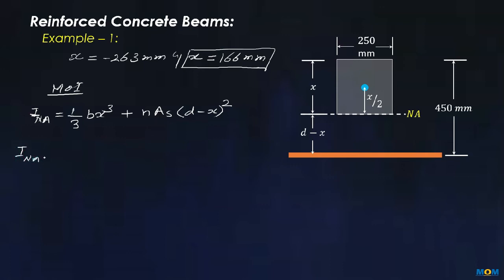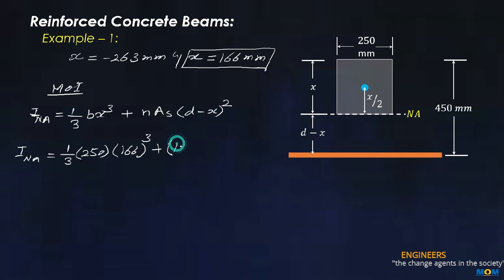Now the inertia about neutral axis is going to be 1 upon 3 value of b, that is 250 millimeter, times we have just calculated 166 millimeter cube plus the value of nAs, that is 12,160 millimeter square, times 450 minus 166 millimeter whole square.